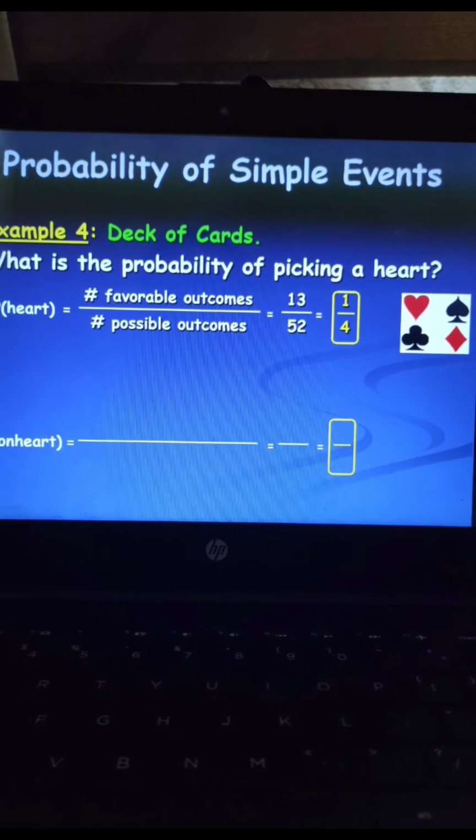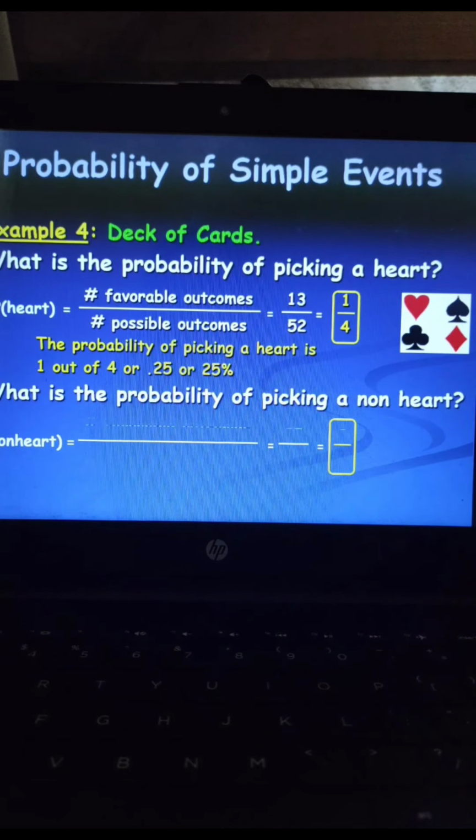As we go back to the picture here, since we have only 4 types of cards, and we only have 1 heart, the non-hearts are 3. So the favorable outcomes is 3, and the possible outcomes is 4.